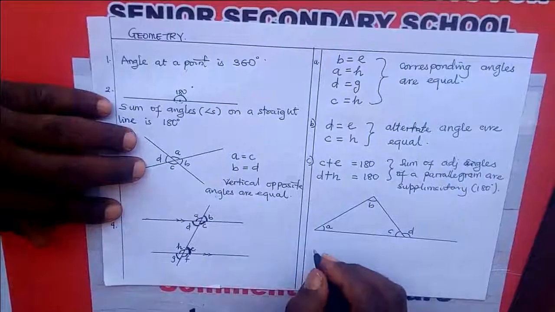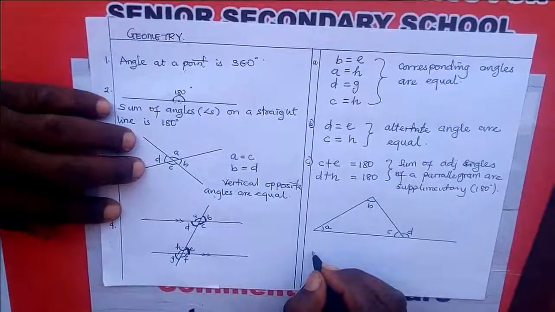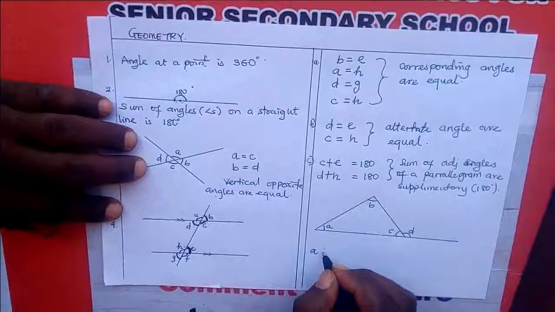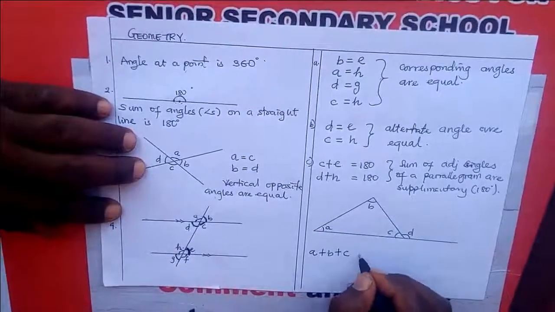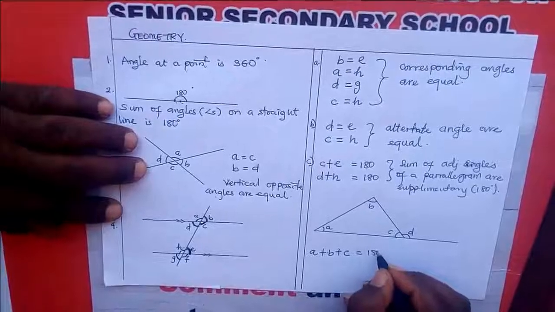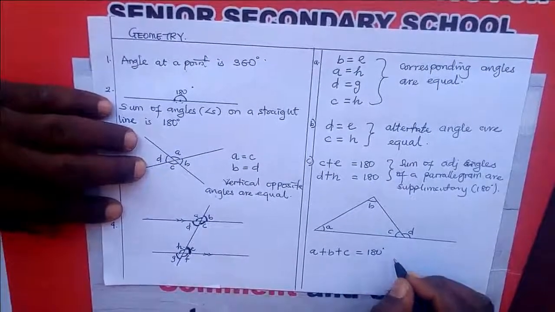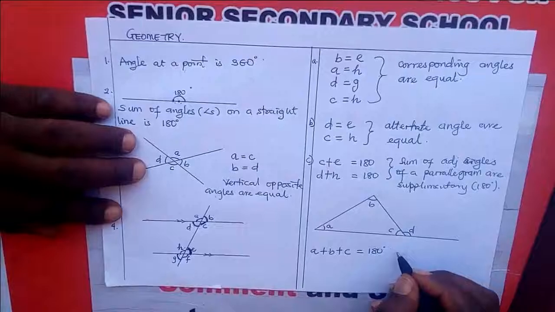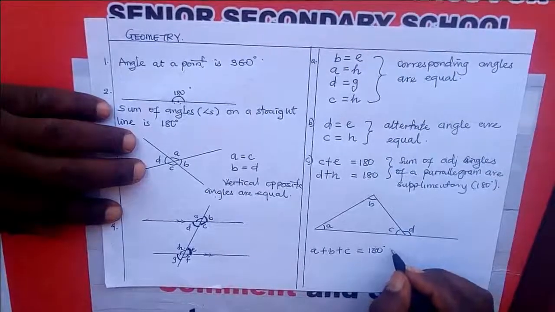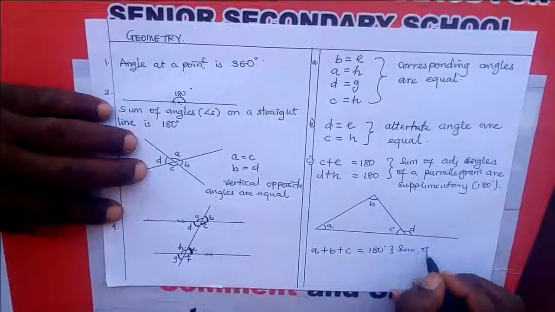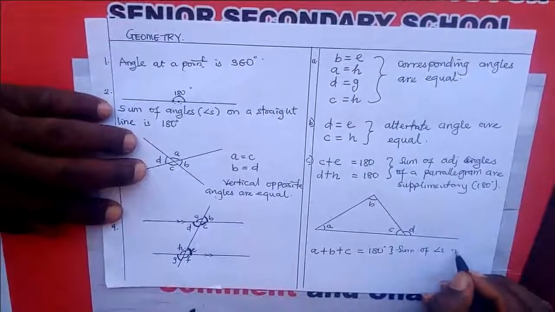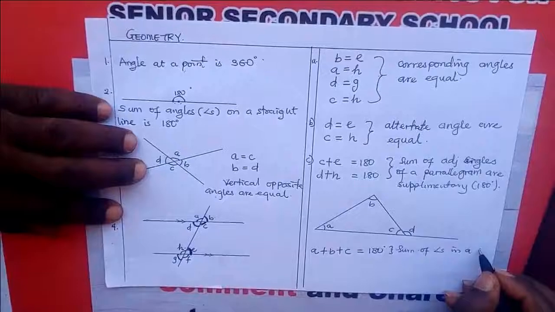The first one is angle A plus B plus C is equal to 180 degrees. This is the sum of angles in a triangle.